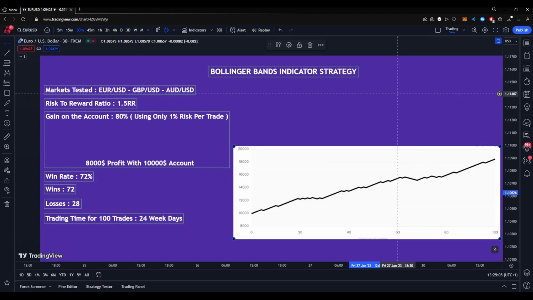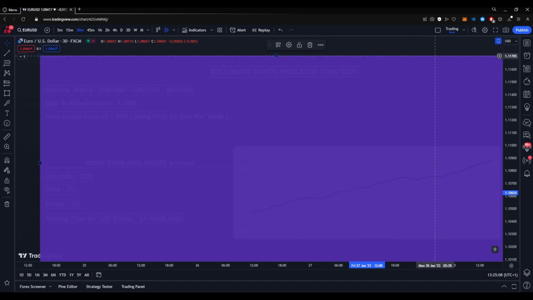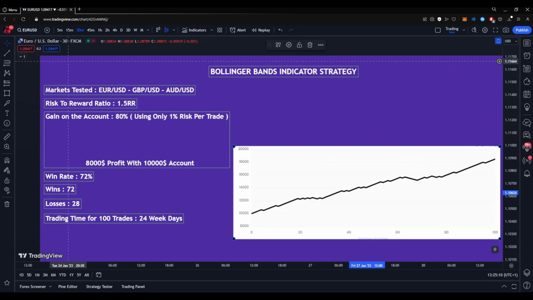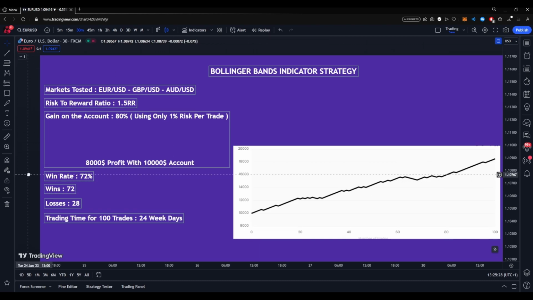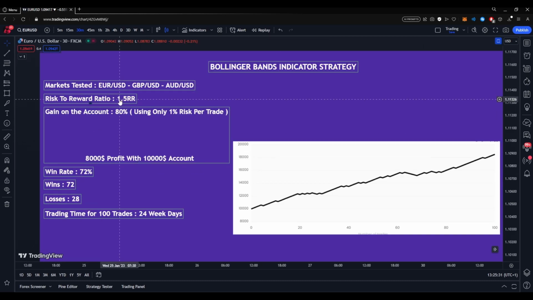And there you have it, the final results of the Bollinger Band indicator strategy. This strategy was tested in the markets of EURUSD, GBPUSD, AUDUSD, using a 1.5 risk-reward ratio. But when I was testing the strategy, I realized something. If you use, instead of 1.5, a 3, even a 4 or 5 risk-reward ratio, you'll be just fine.